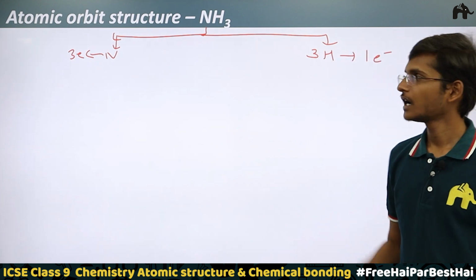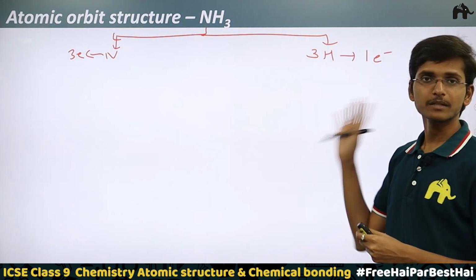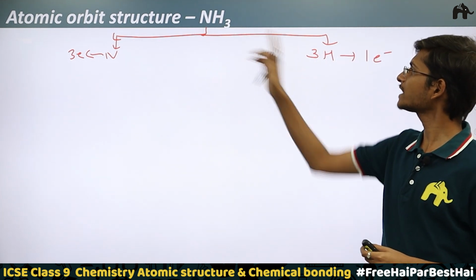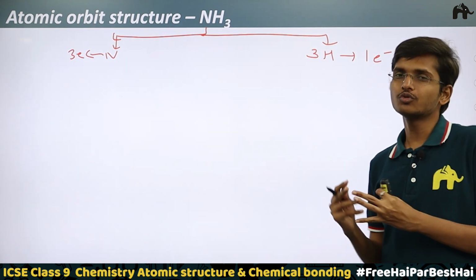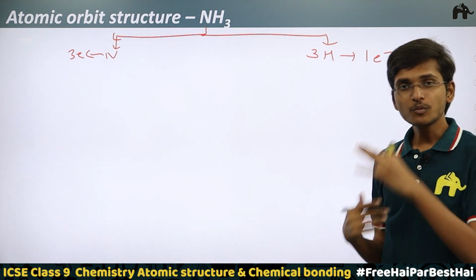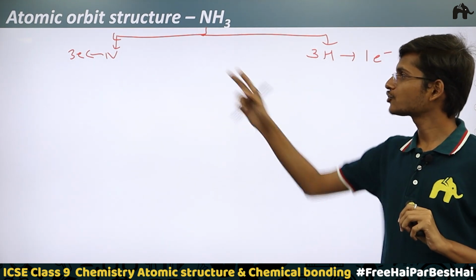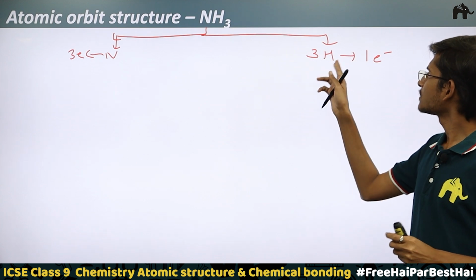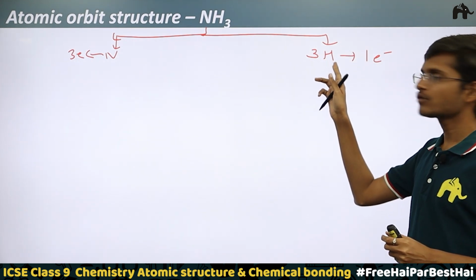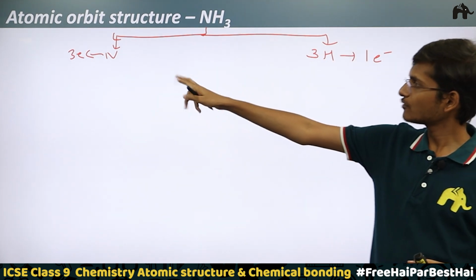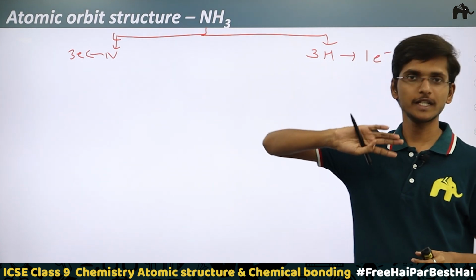Now we will think how these 4 atoms, 1 atom of nitrogen and 3 atoms of hydrogen, are going to make each other stable. So these 3 hydrogen atoms desperately want 1 electron, and this 1 nitrogen atom desperately wants 3 electrons.